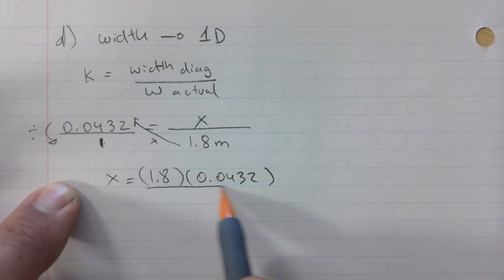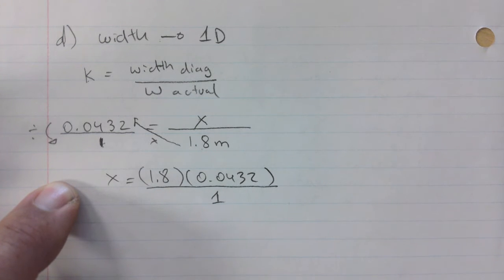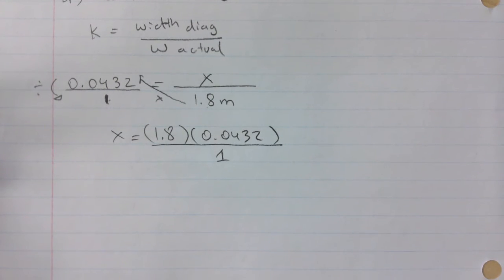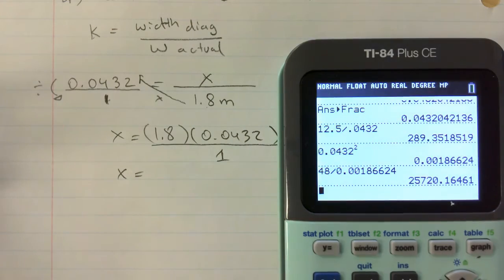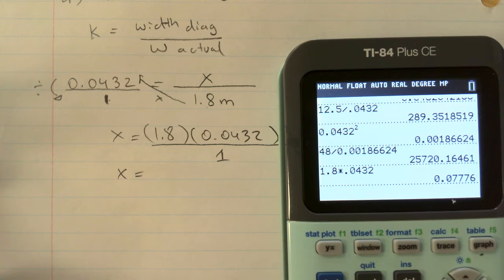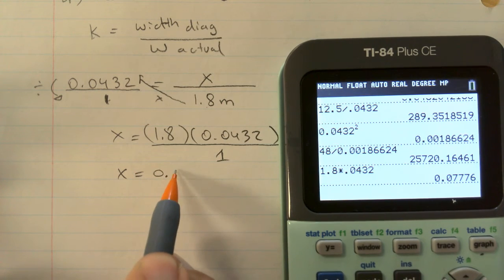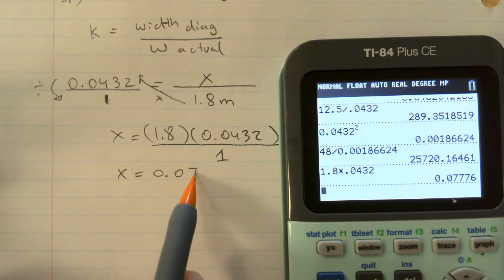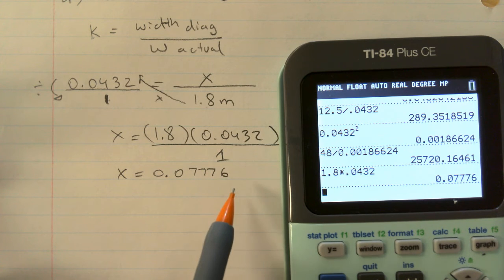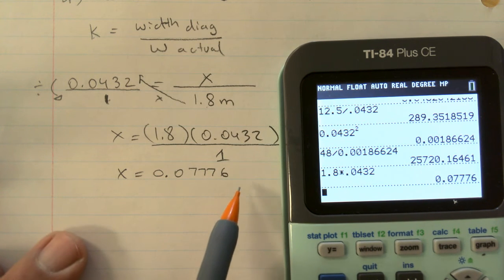I'm going to just show it here as a placeholder. So it's 1.8 times 0.0432, and it's 0.07776. And what units am I in?